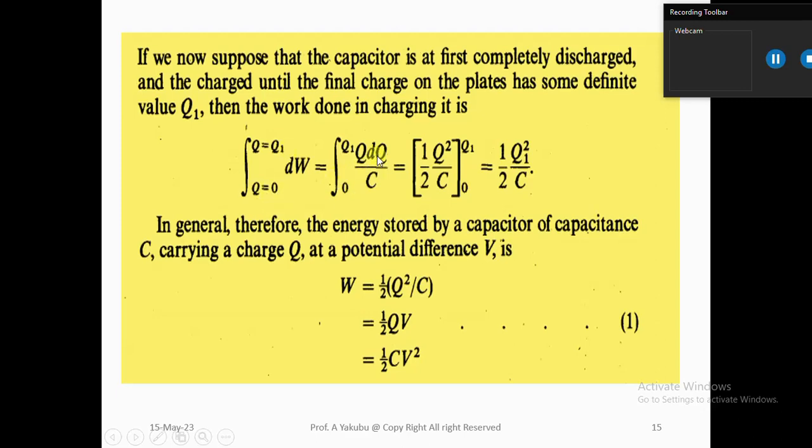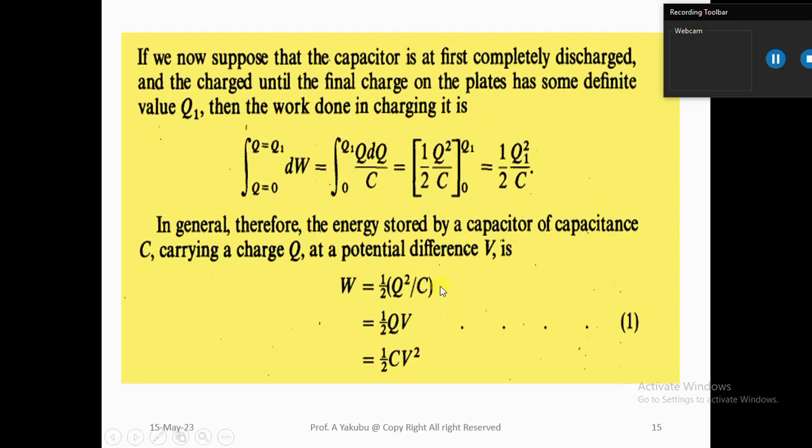You are going to have q dq over c, which gives you a half. This is mathematical physics, or maths 101, which you have to understand. You get q squared over 2c. So the work done generally is half q squared divided by c.